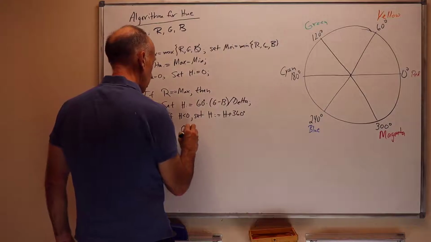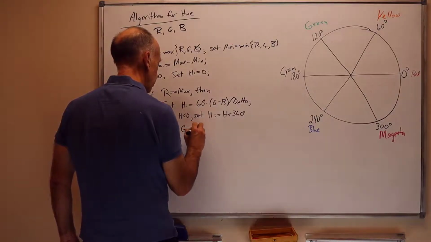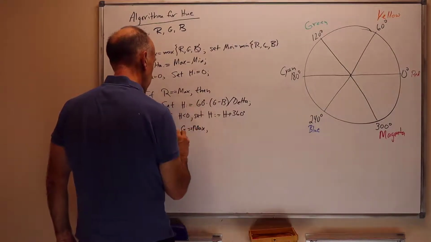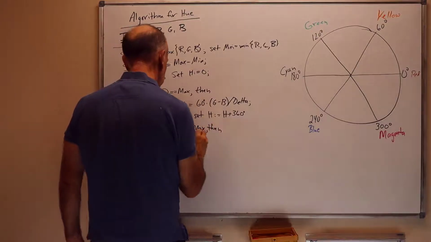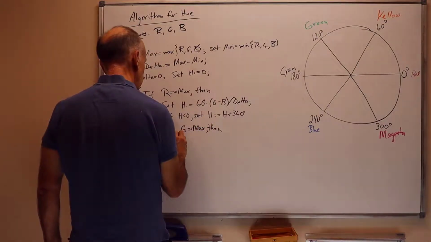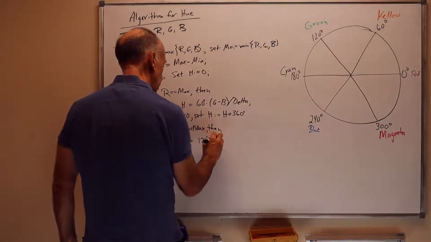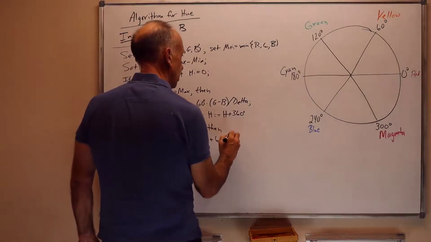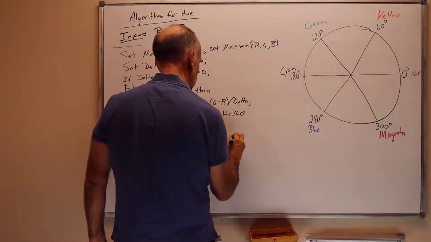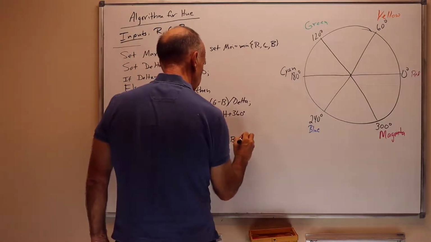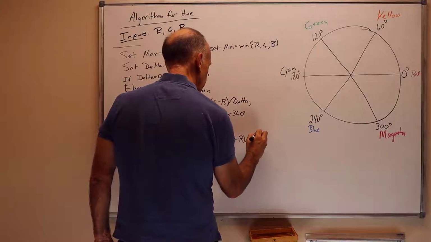Else, if green is the maximum value, then we'll set H equal to 120 degrees plus 60 times (blue minus red) over delta.